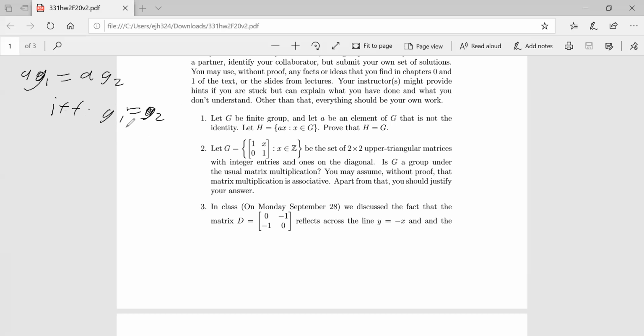Yes. Do people see why, if this is true, then we would get the rest? Why it would follow that H would be equal to G? It has to do with it being finite.